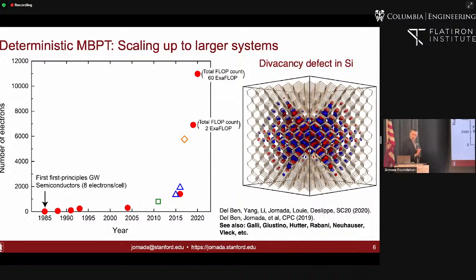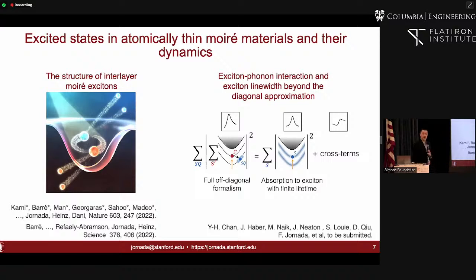So with that said, we're very comfortable with this sort of formalism to understand, again, quasi-particle and optical excitations of materials. But in terms of frontiers, we think that there are two classes of problems which are quite exciting. One involves how those excitations are modulated and modified in general if you have interfaces of twisted moire materials. And I'll tell you a little bit how that manifests in the way that the excitons behave in those materials and what is the relevance of that for quantum information sciences, for instance.